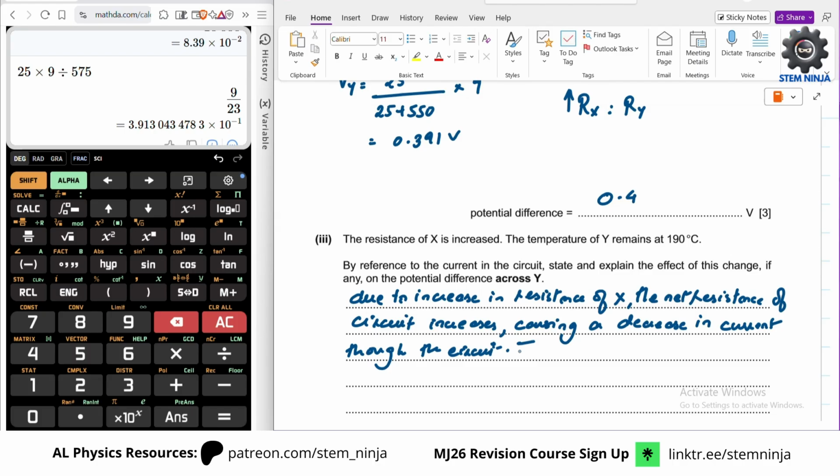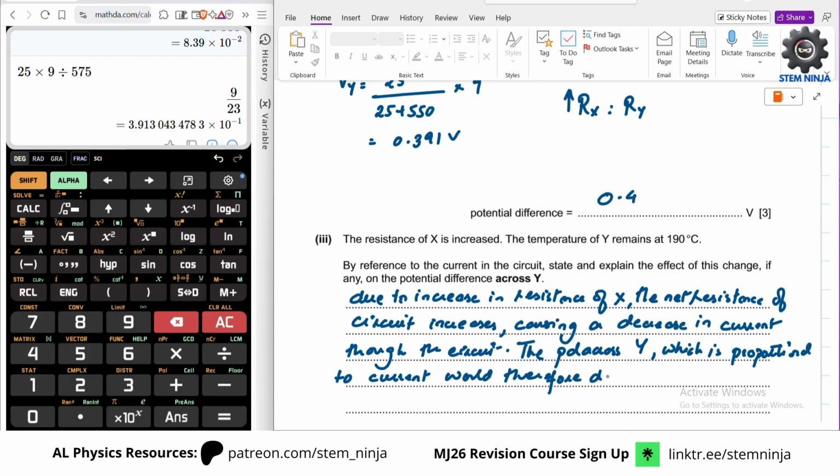Okay, so the potential difference across Y, which is proportional to current, would therefore decrease as there is less current flowing through it.